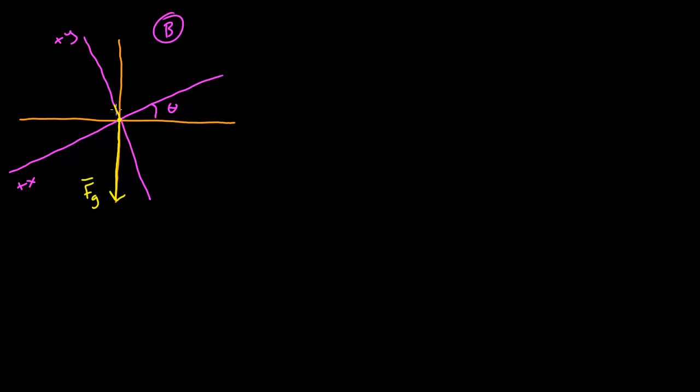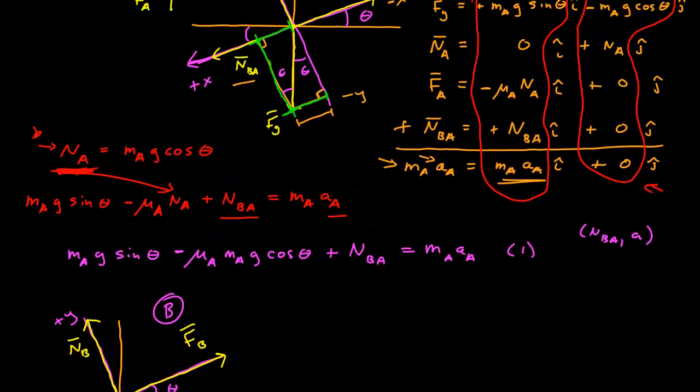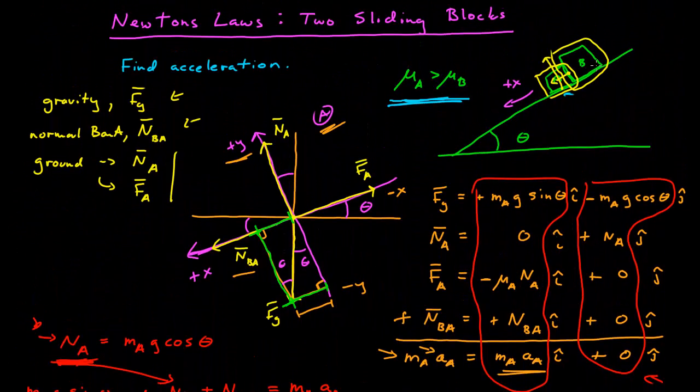Now there's the ground contact force. So here's the normal force of the ground on B. I'll call that N sub B. There's the frictional force of the ground on B, F sub B. And then there's the normal force of A on B. Now the forces go from the agent to the object.